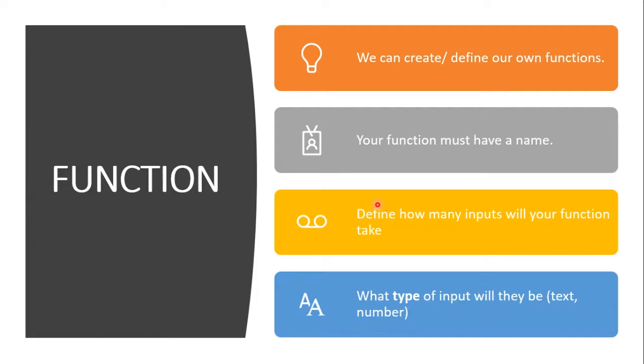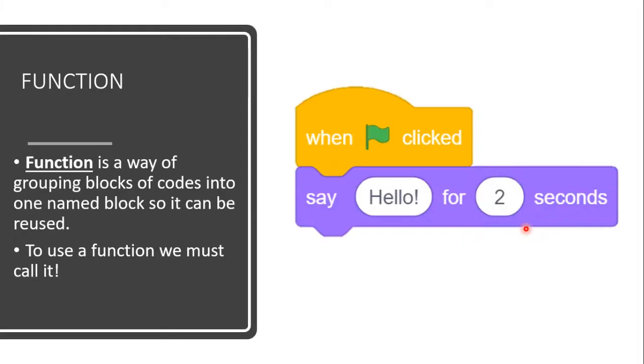Then the other thing, when you're creating your function, you need to define how many inputs it is going to have. For example, in this function of the say block, how many inputs is this block taking? It has 2. It's taking the text input of what you want your sprite to say.